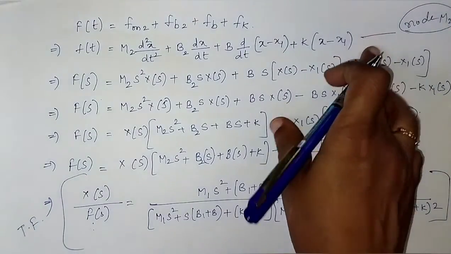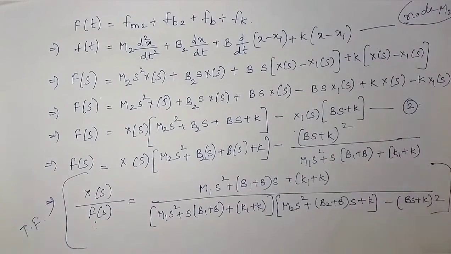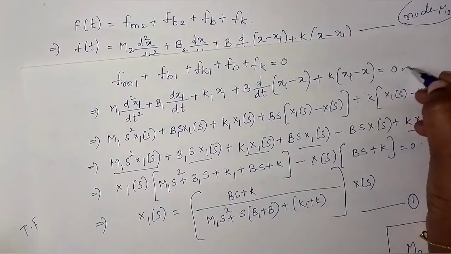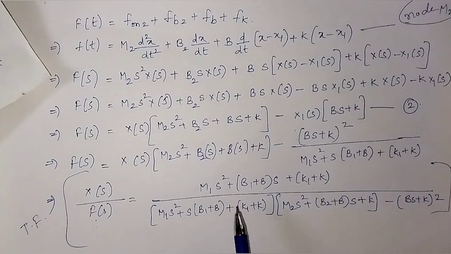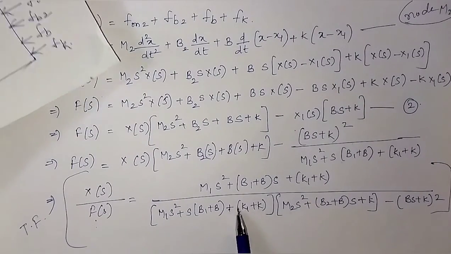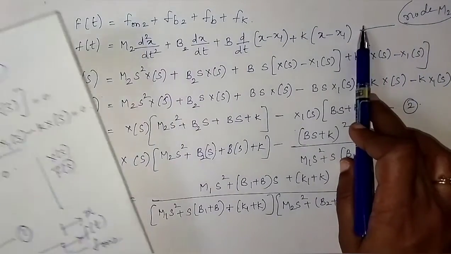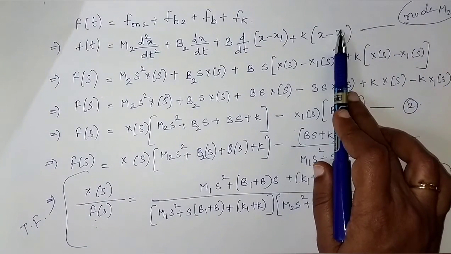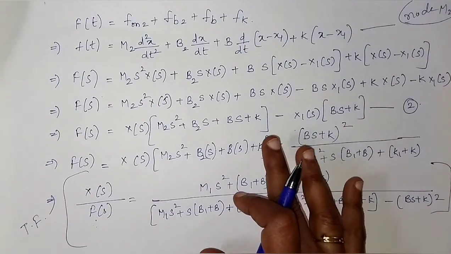This is the second differential equation, and we have the first differential equation. This is the first differential equation. So we are supposed to write the transfer function along with the differential equation 1 and 2 for representing that particular system. Okay, this is how we represent the final result after solving this problem.